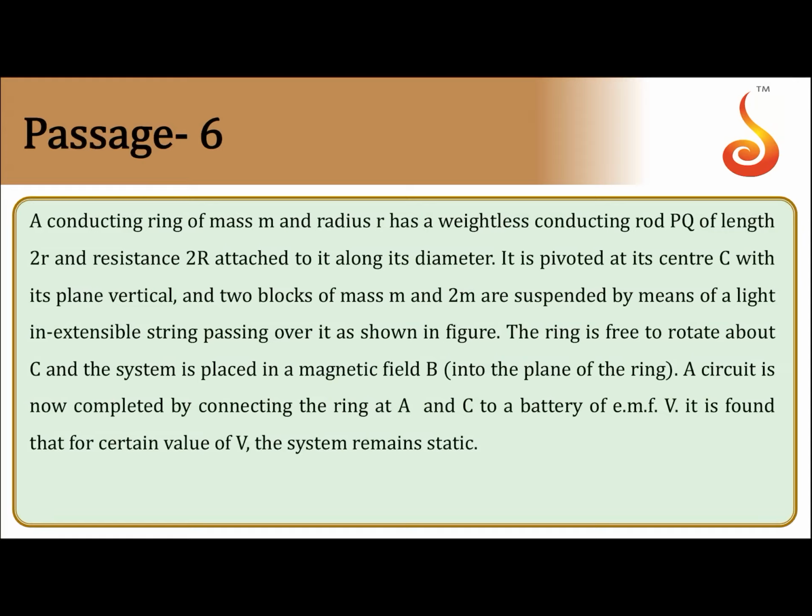Now we have some subjective questions. Question is, a conducting ring of mass m and radius R has a weightless conducting rod PQ of length 2R and resistance 2R attached to it along its diameter.